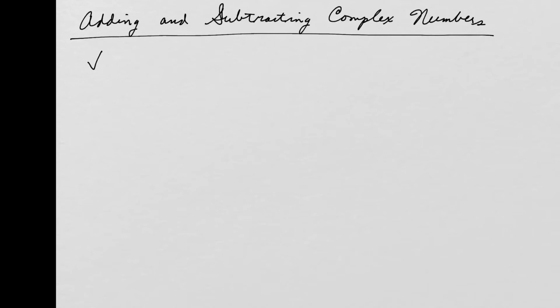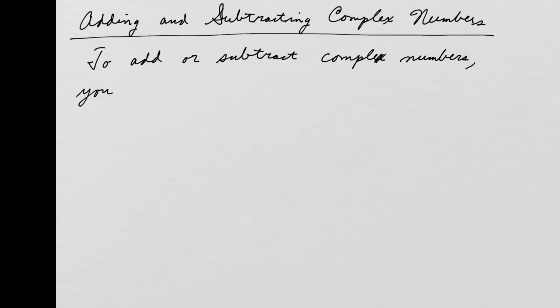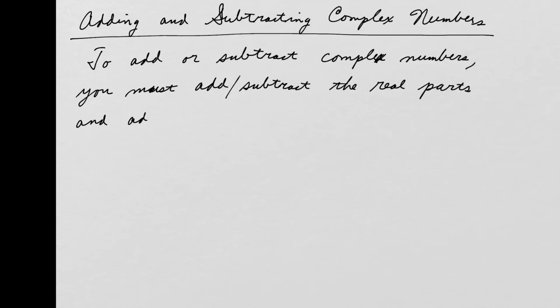So to add or subtract complex numbers, you must add or subtract the real parts and add or subtract the imaginary parts.